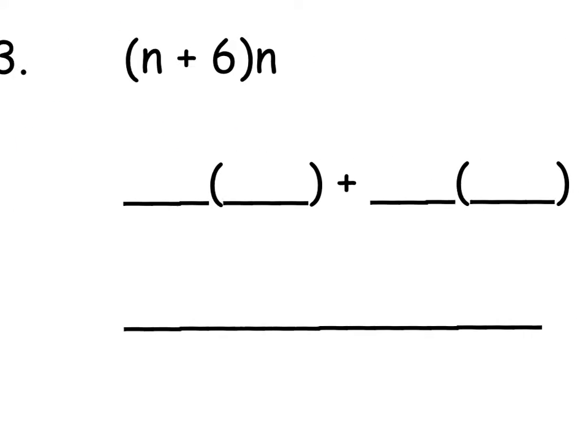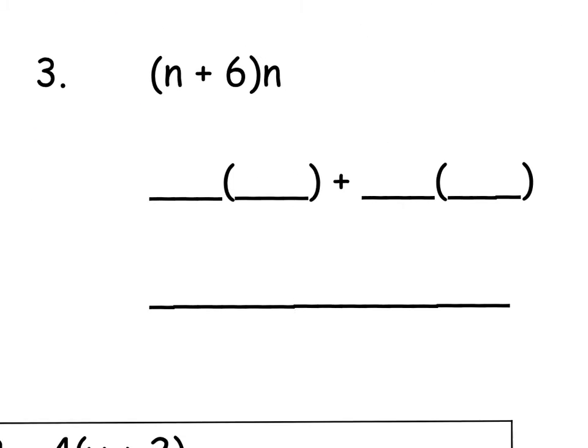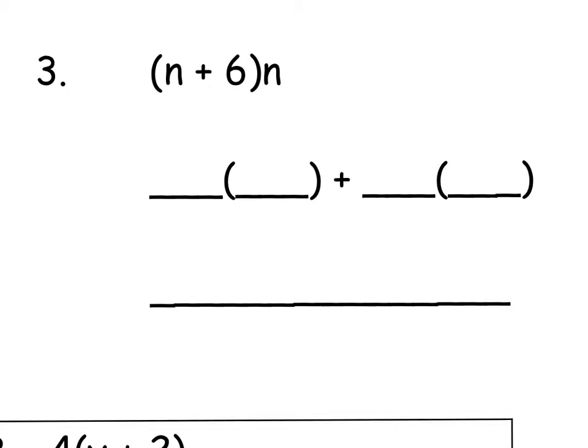Let's look at number 3. Here we have to do a couple things. We must, 1, recognize that the number that we have to multiply, or that is being distributed, is in the back. And then also we have to fill in everything ourselves.